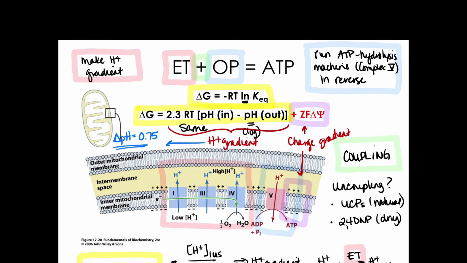So again, uncoupling proteins are a very natural mechanism that we know exists for that. And then we talked about 2,4-dinitrophenol as a synthetic drug that was able to do the same thing. Both of these provide alternative channels for protons to get back into the matrix from the inner membrane space.